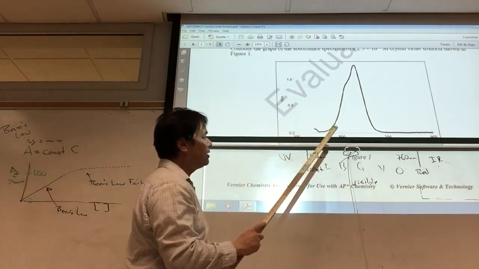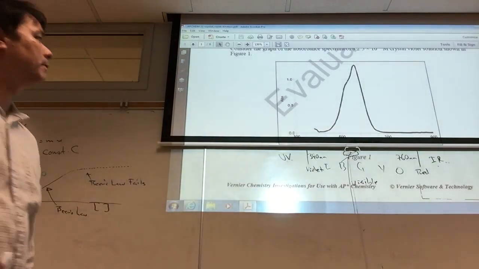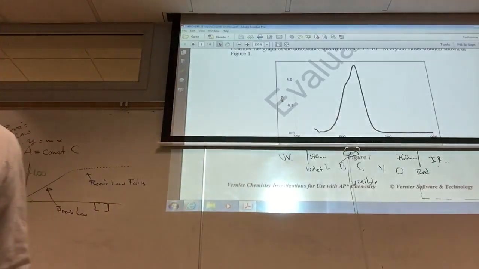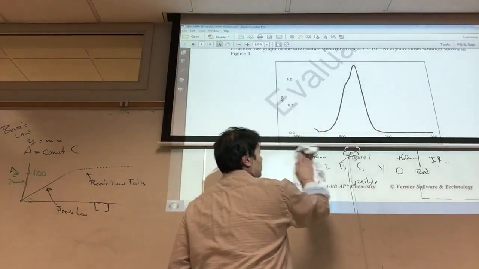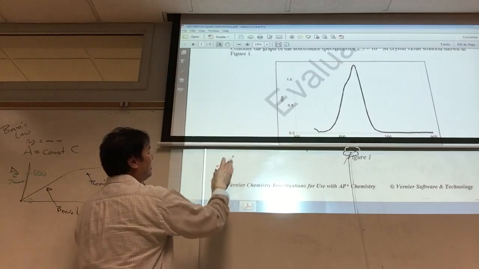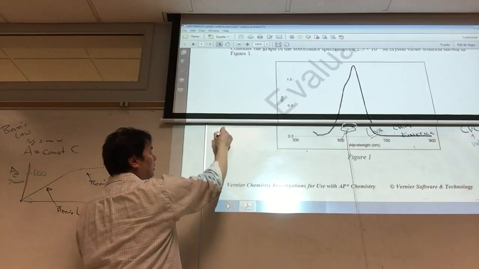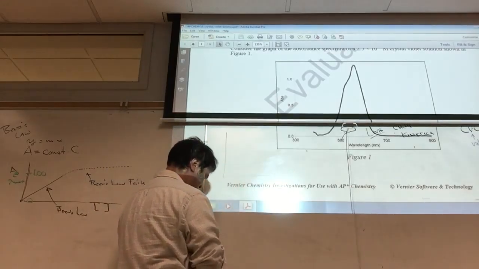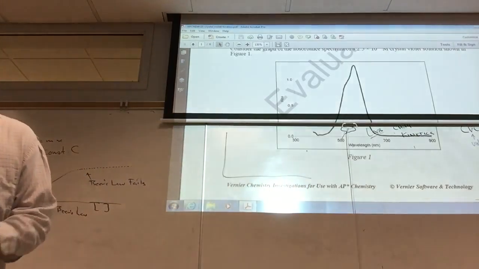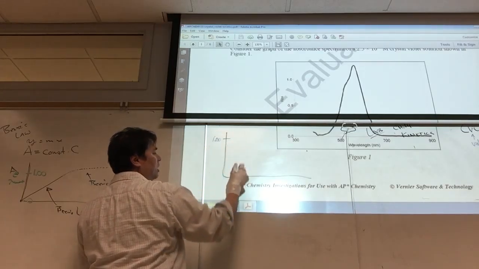Okay, now once we get the absorbance down to a lower number, like between 0 and 1, then we'll be in the linear region. And so this is what's going to happen here. If we're in the linear region, let's say this is 1.00.